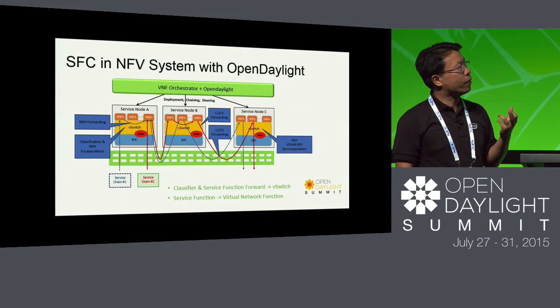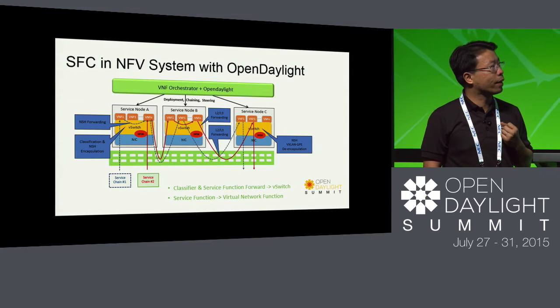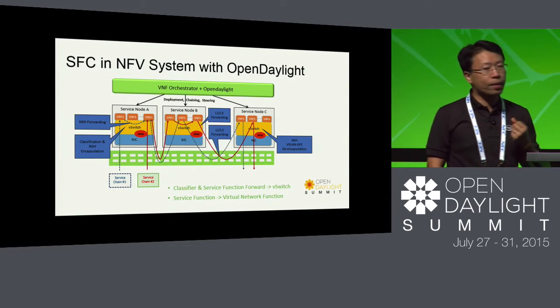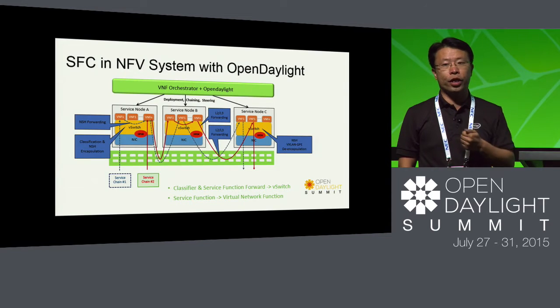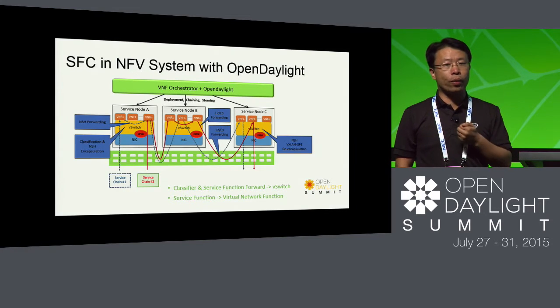Okay. Once the VNF orchestrator deploys the functions, the OpenDaylight SFC project can do two other jobs, chaining and steering. In terms of chaining, it means you can use either the SFC GUI or the REST API in OpenDaylight to create a service function model.